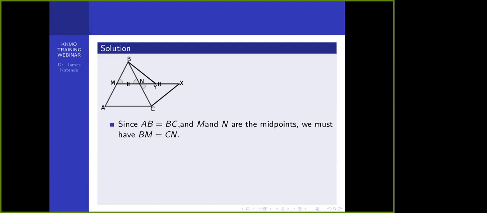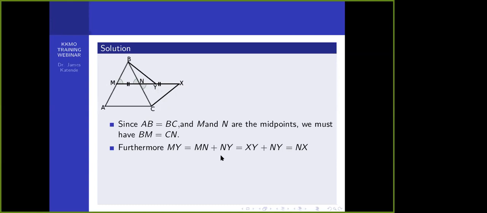Now, based on that, we can make more observations. This length from M to Y is given by MN plus NY. We also have the length from X to N, which is given by XY plus NY.